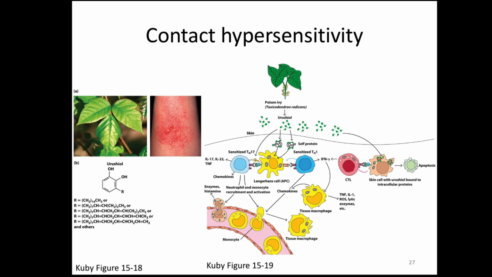Now you have these Th1 cells that are going to lead to this rash about 2 days after you come in contact with the plant, because you need the time for the antigen to actually get presented for the T cells to go back to the location. And so that's one sort of famous DTH or type 4 hypersensitivity response.